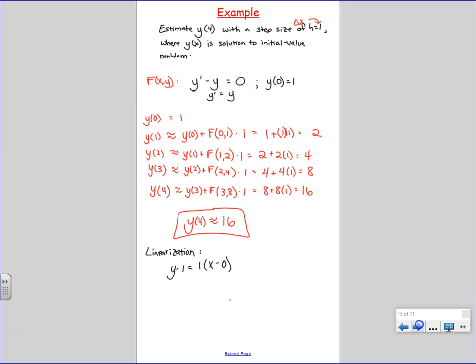We would have plugged in x equals 4: y equals 1 plus 4 plus 1. You see how they're a little bit different? This one keeps on following the curve to get up to 16. This one says, I can only get so high.